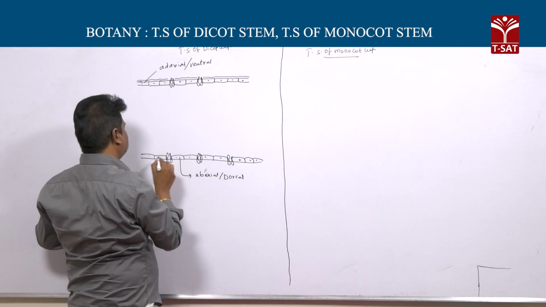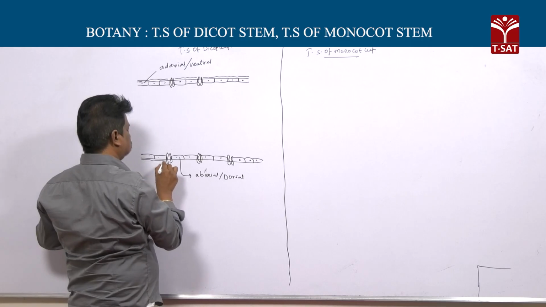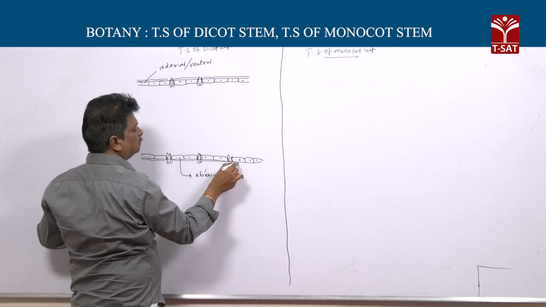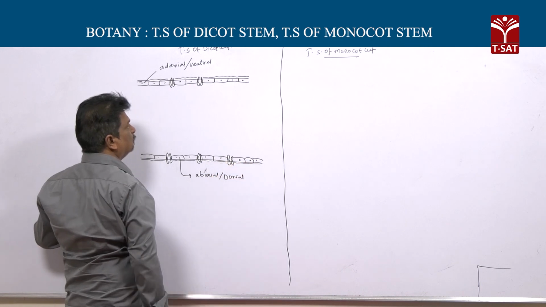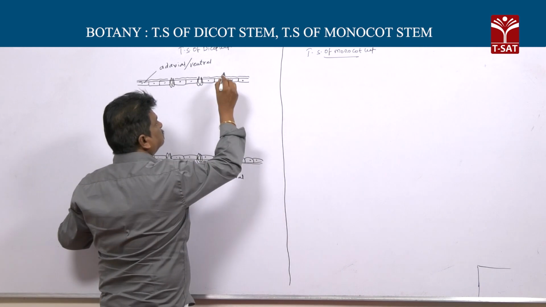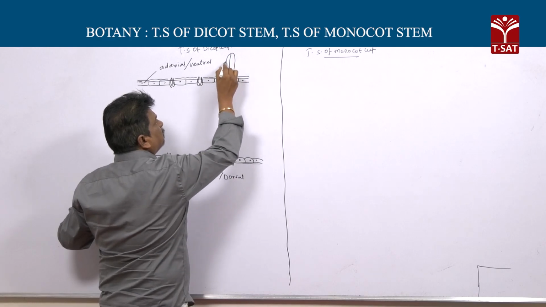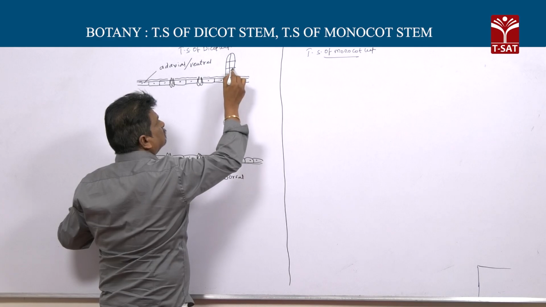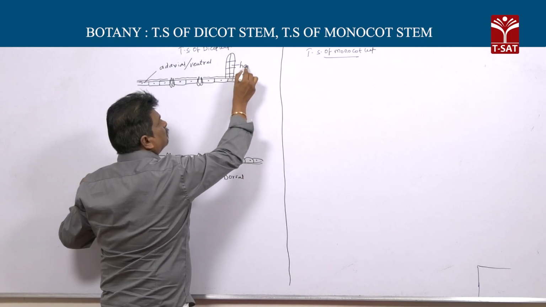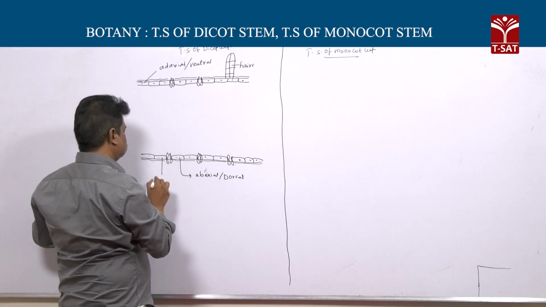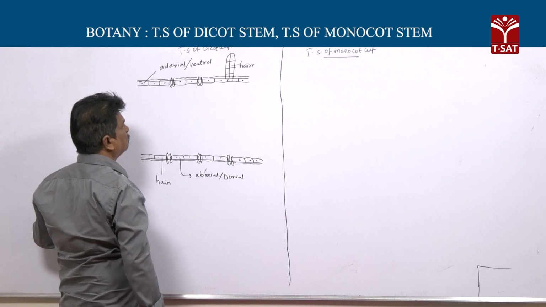That cutin forms the cuticle, and in dicot leaf this epidermis contains multicellular hairs.